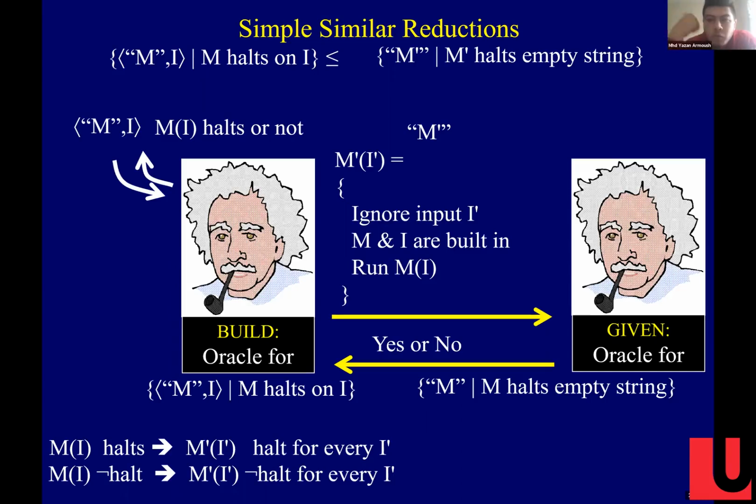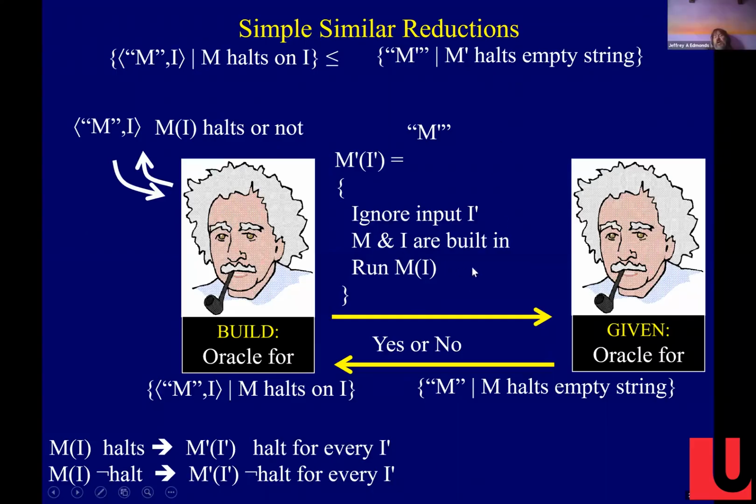So we don't have to print anything here. In the previous one, you printed hi, but here you don't have to print. We don't care about hi. We care about whether we stop.